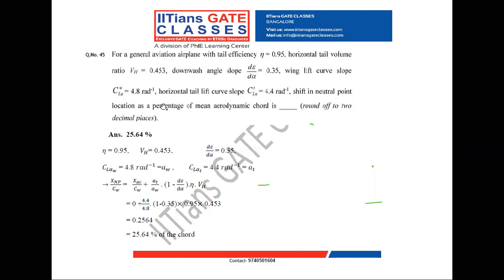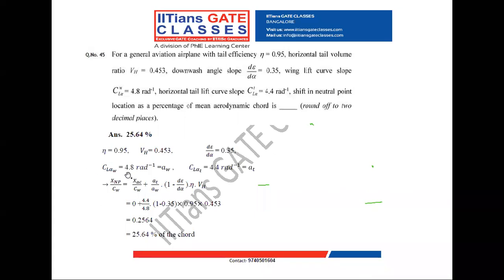Shift in the neutral point location as a percentage of mean aerodynamic chord is dash. That is, they asked the neutral point location with respect to mean aerodynamic chord.